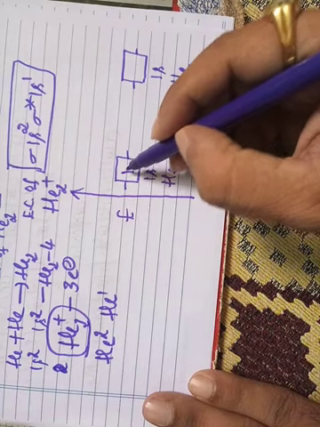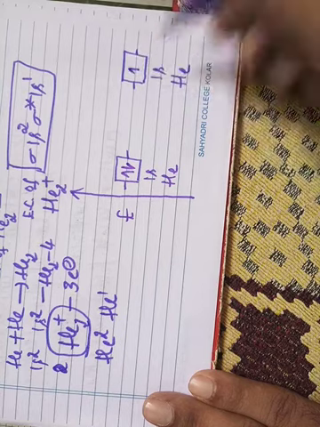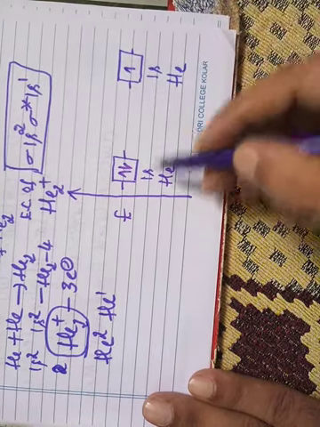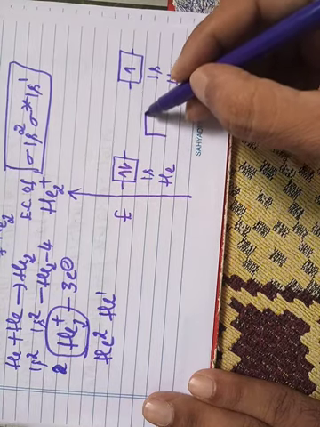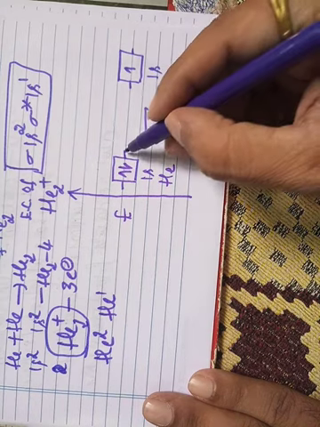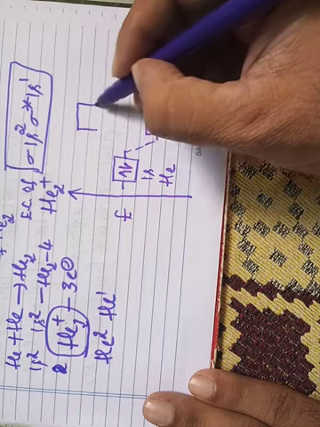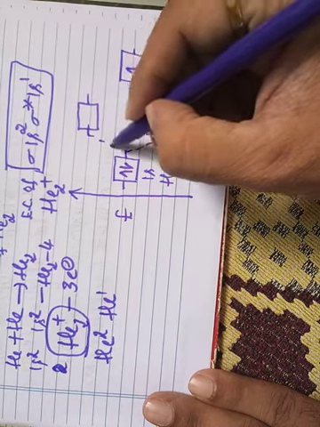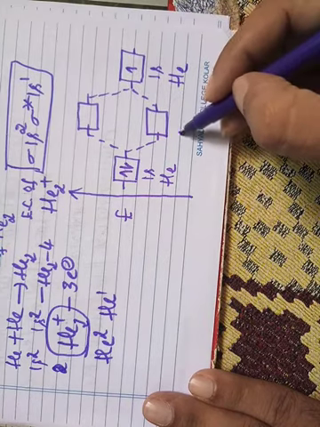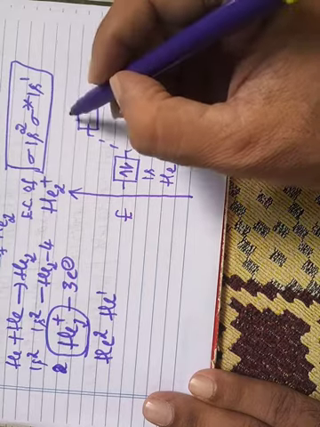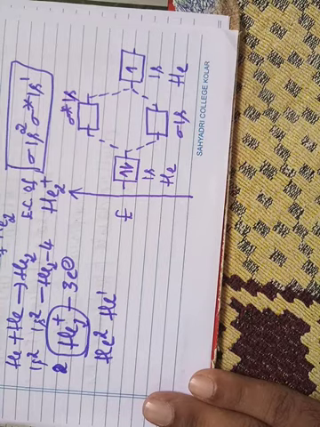When these two 1s atomic orbitals combine, they will form one BMO and another ABMO. This is sigma 1s, and this is sigma star 1s.